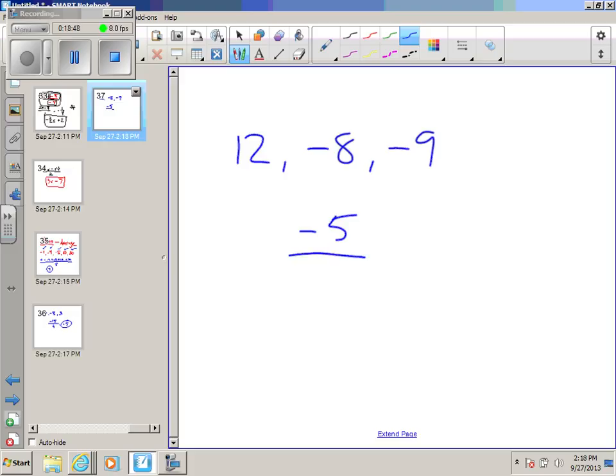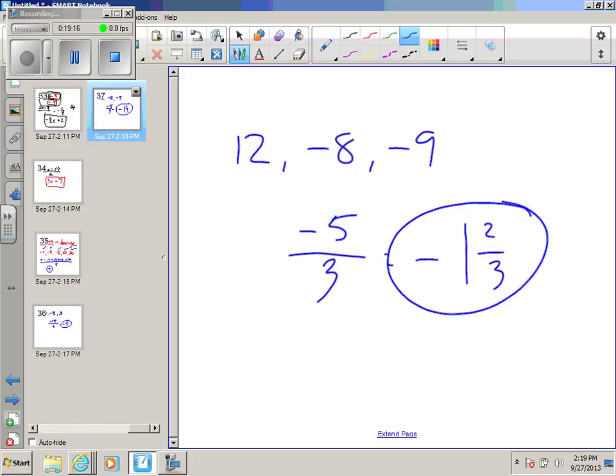Divided by what? 3. Okay? What does this look like to you right now? Where the numerator has a larger absolute value than the denominator. Yes. Therefore, that is acceptable. And it's probably easier doing it that way.